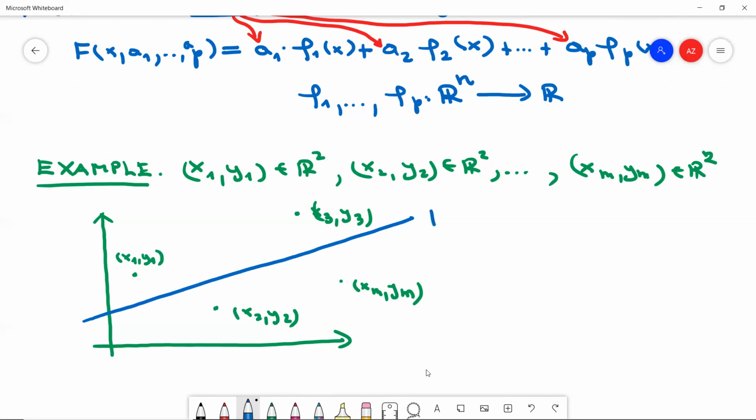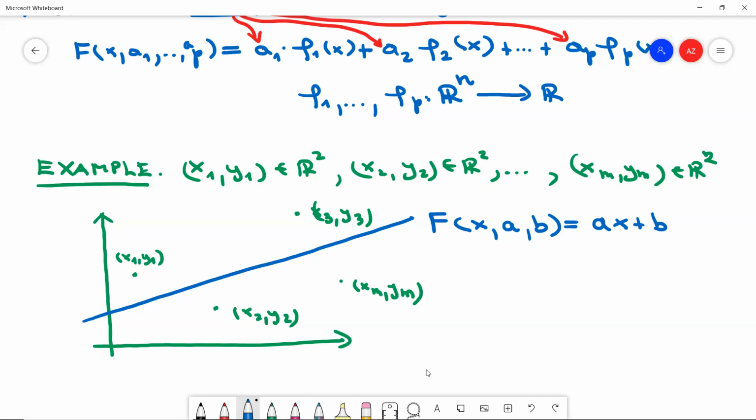So this f could be written as a line f, which depends on the value of x and on two parameters, a and b, and it is of the form ax plus b.